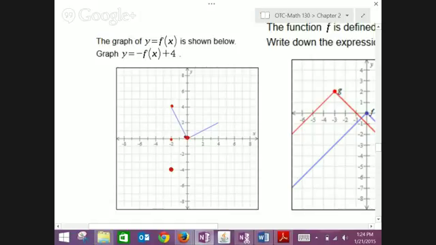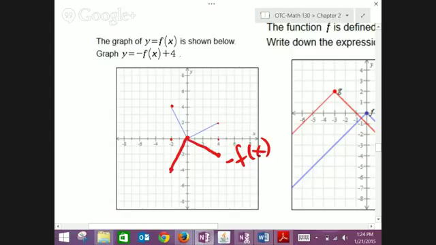Any 0, 0 point is going to be the same when you're flipping horizontally or vertically. That point is going to change if you have any horizontal shifts or vertical shifts. 4, 2 becomes 4, minus 2. So the red is just minus f of x.